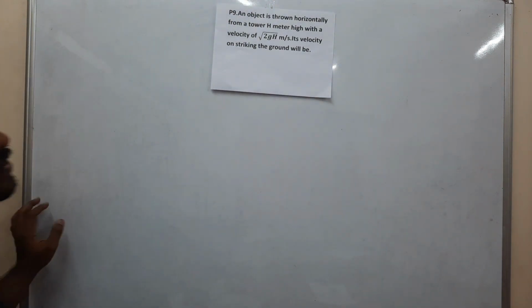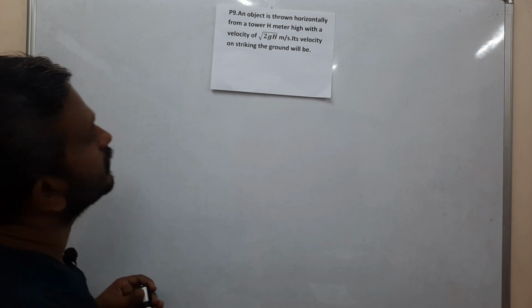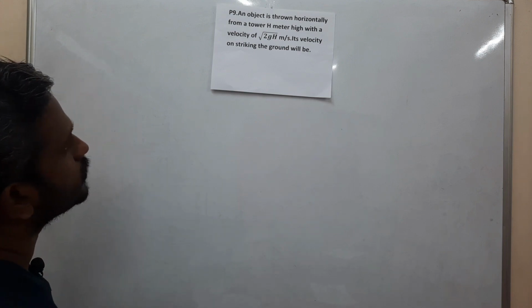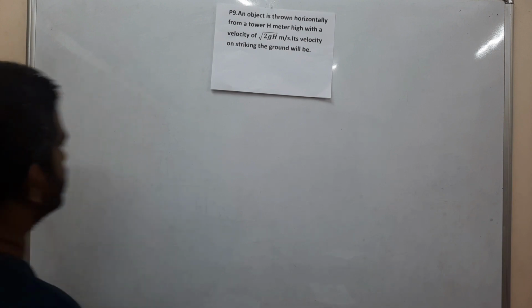So, ninth question. An object is thrown horizontally from a tower h meter high with a velocity of root 2gh meter per second. Its velocity on striking the ground will be.